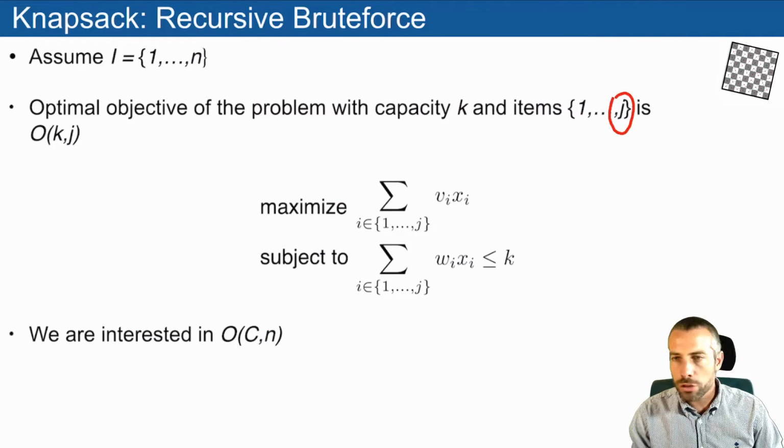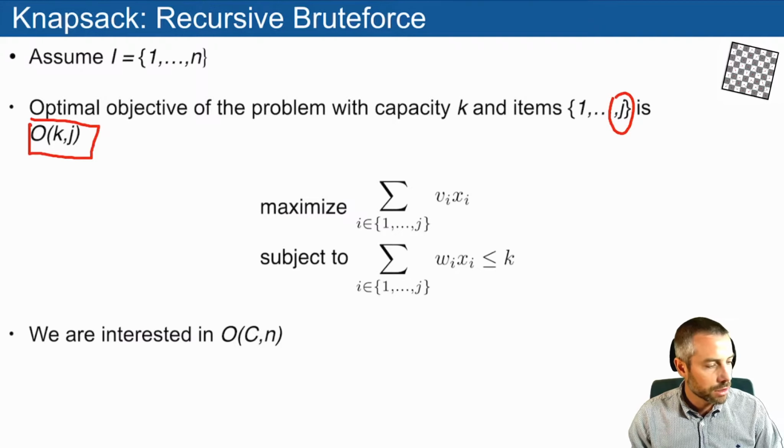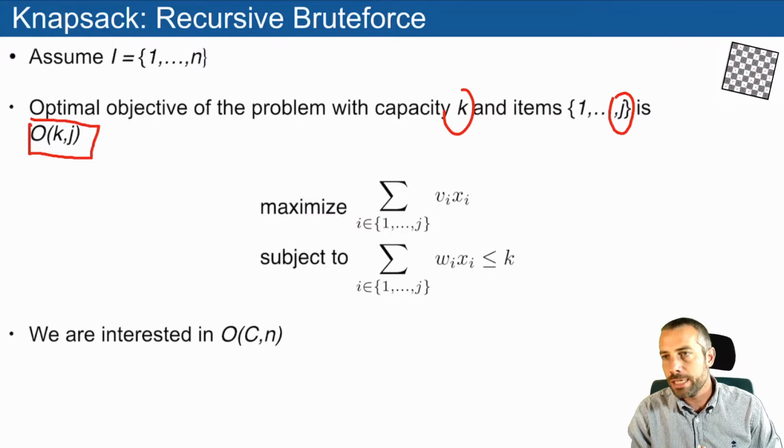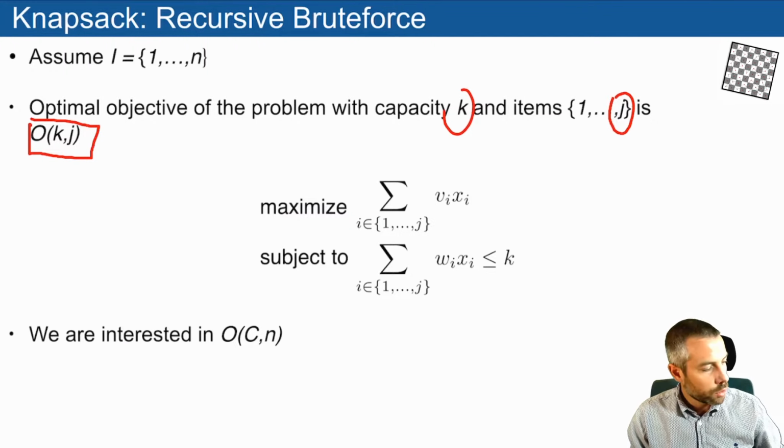And we will denote the optimal objective function as O(k, j), okay? This is the optimal solution for a problem with capacity k, considering the items from 1 to j. So O(k, j) is really this problem: you want to maximize only over the items from 1 to j, and the capacity is k.